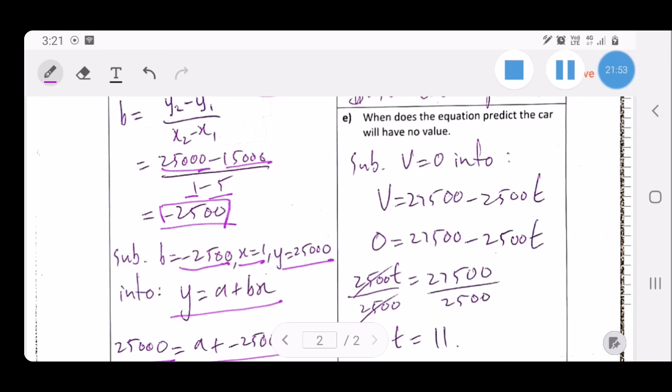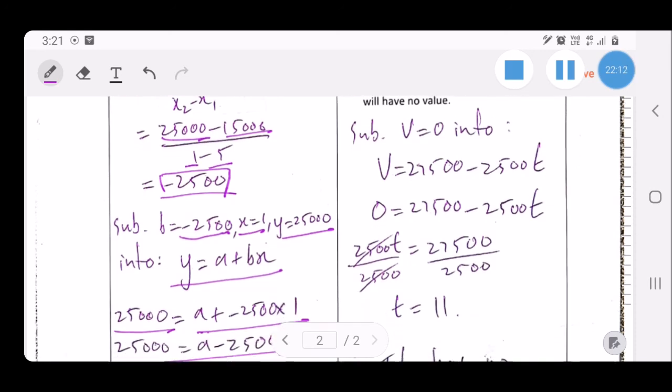Well, you are being given a number. You're asked, when does the equation predict the car will have no value? In other words, V equals 0, find the corresponding t, okay? Find the time at which the value is 0.